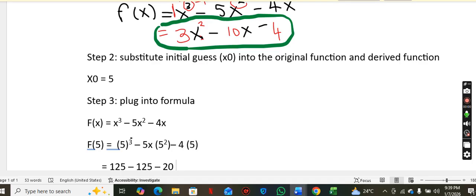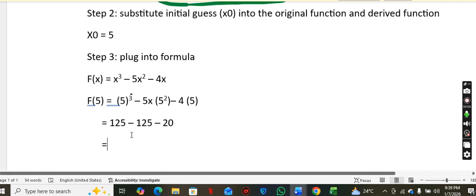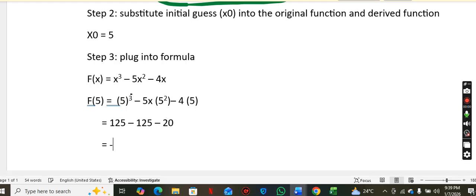So I'm trying to go as slow as I can. Where the confusion starts, just raise your hand. 125 minus 125, 0. 0 minus 20, negative 20. Any questions?